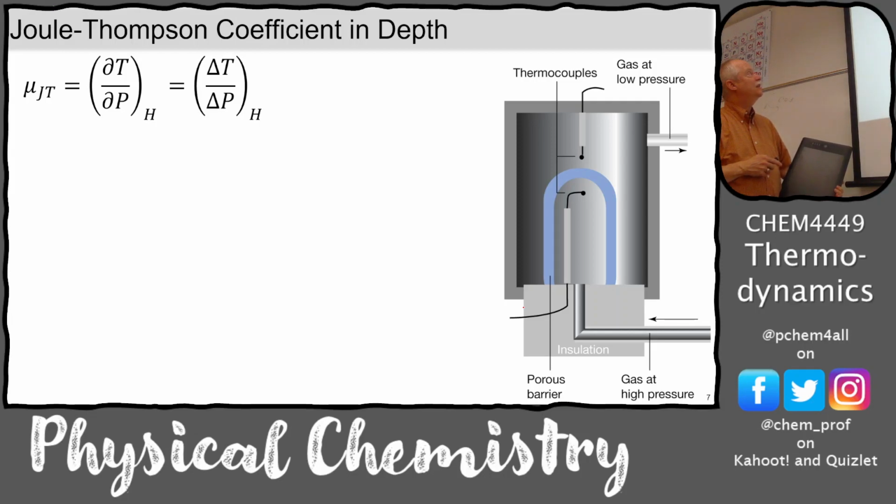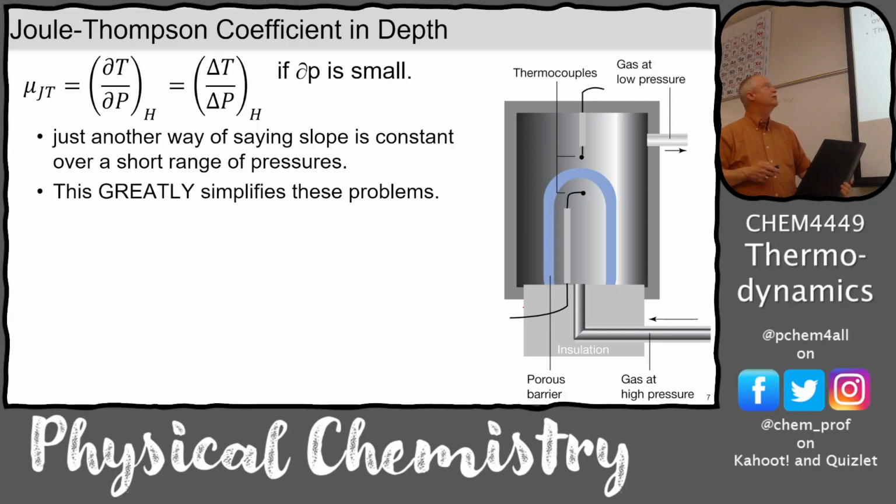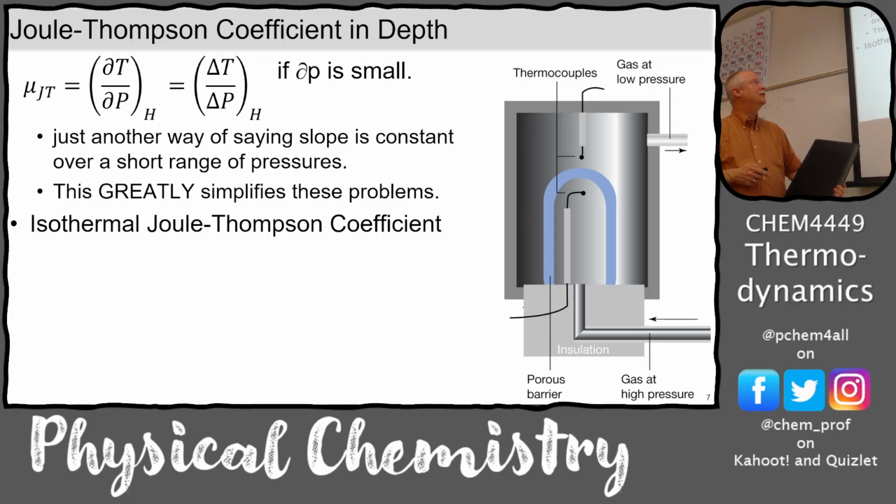You could also look at it as delta T over delta P if the partial is small. It's another way of saying that the slope is constant over a short range of pressures, and it really simplifies these problems. Now up here you have the Joule-Thomson coefficient, which is technically at constant enthalpy, but then you also have the isothermal Joule-Thomson coefficient.